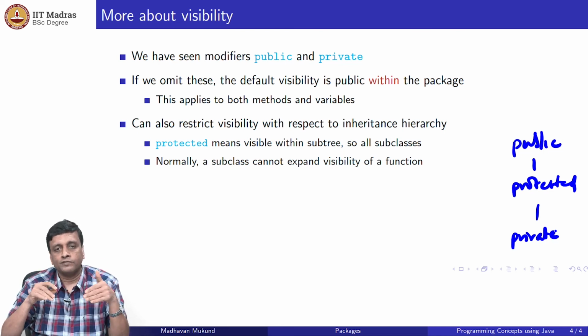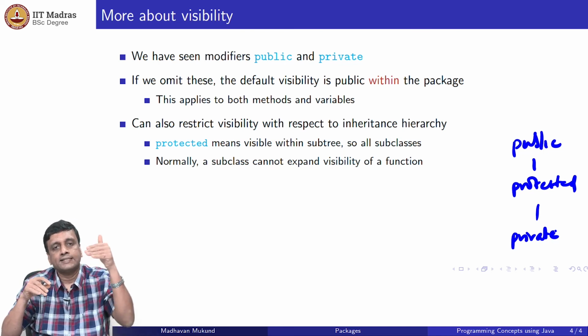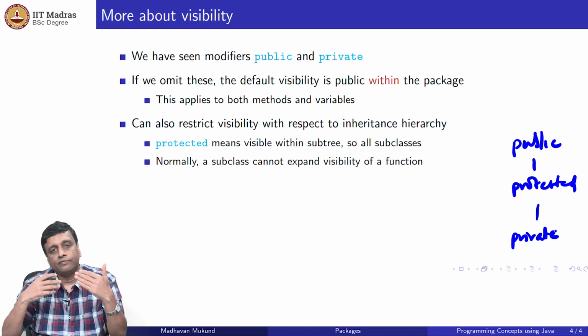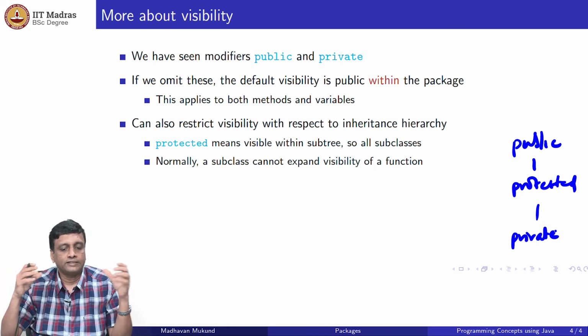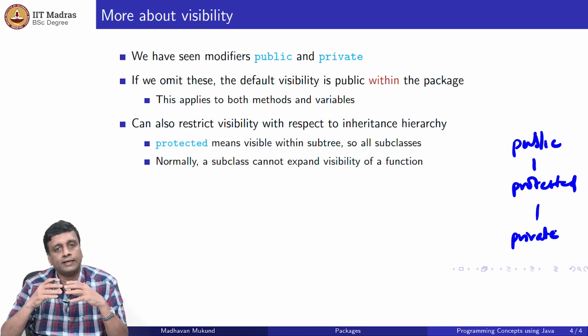Now, the normal rule of Java is that when you extend something or when you redefine or override something, you can reduce its visibility, you cannot expand it, right. So, you cannot change in general the visibility by making something that was private public.